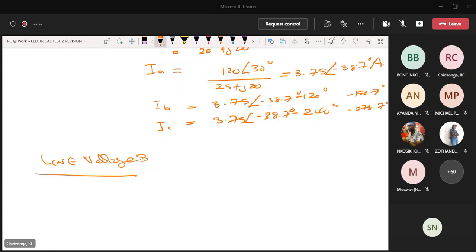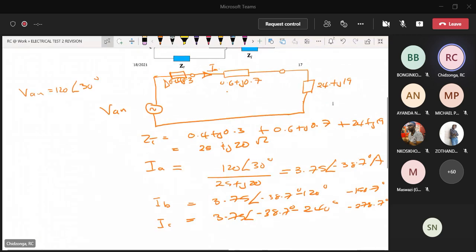There are two sets of line voltages which you can calculate, if not more, depending on where you are. Like now, I assumed at this point here that this voltage 120 is appearing at this point here. You see? Let me choose a different color.